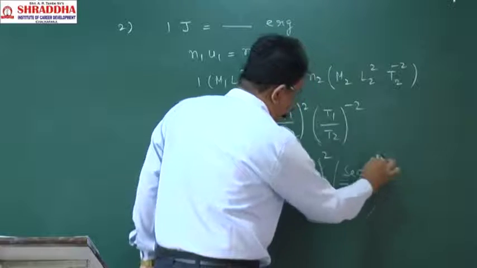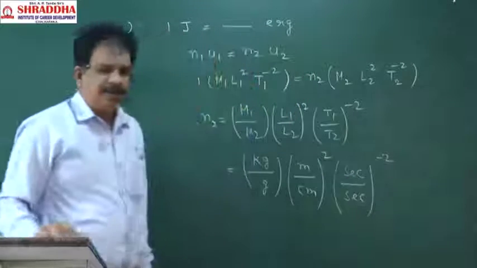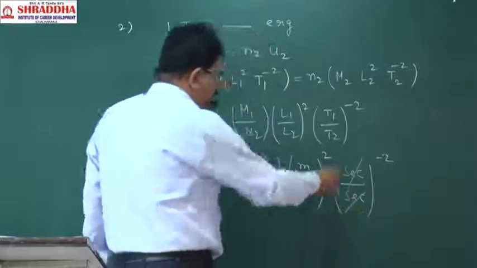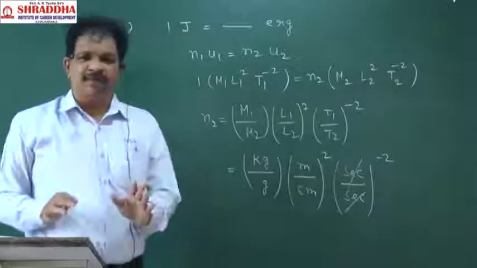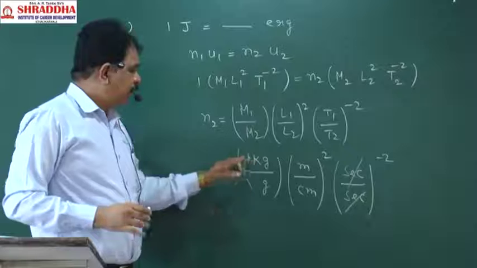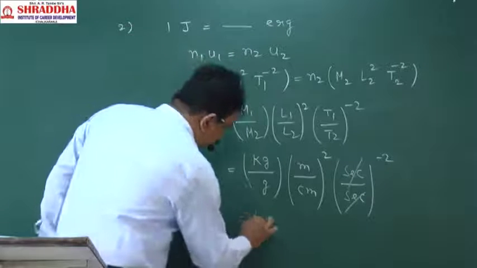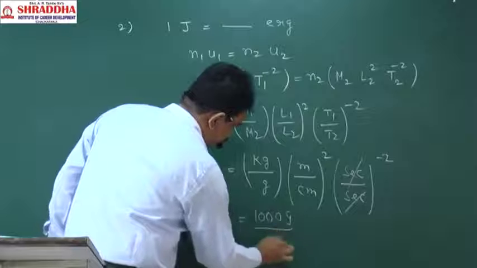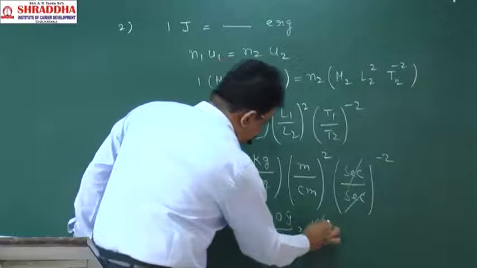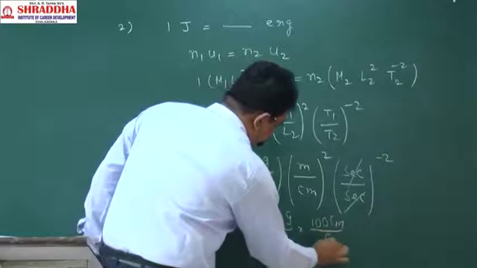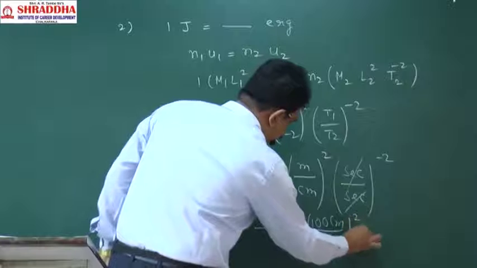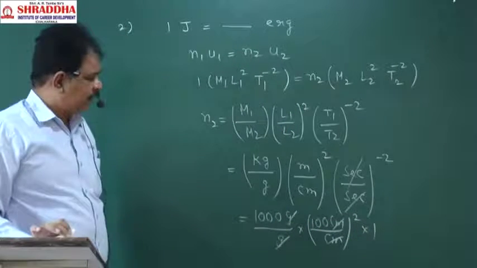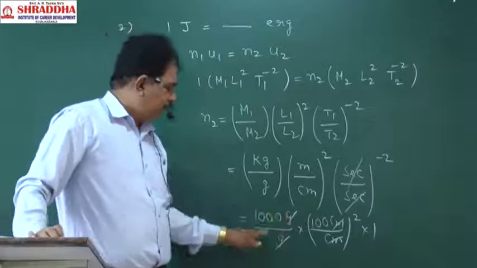Here it will also be second power minus 2. These two will cancel. 1 power minus 2 will be 1 only. 1 kg means 1000 grams. 1 meter means 100 centimeter. Centimeter will cancel. Gram will cancel.